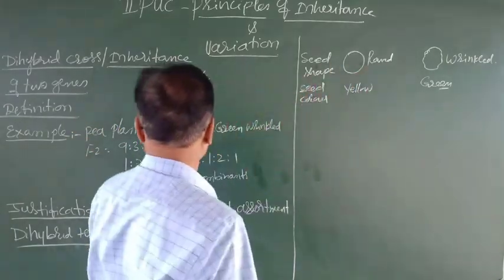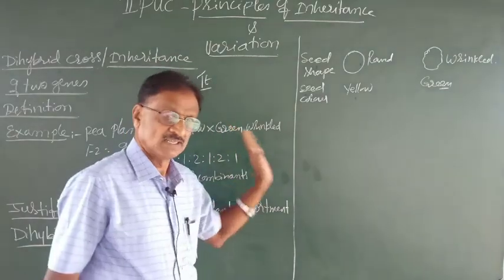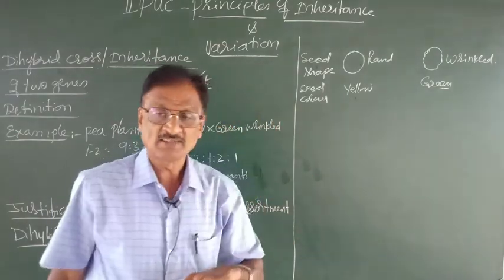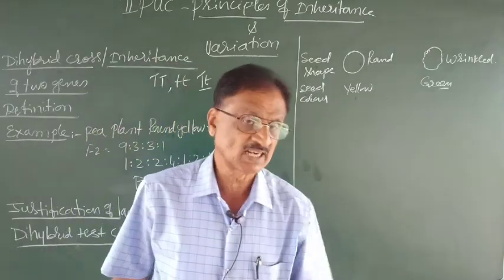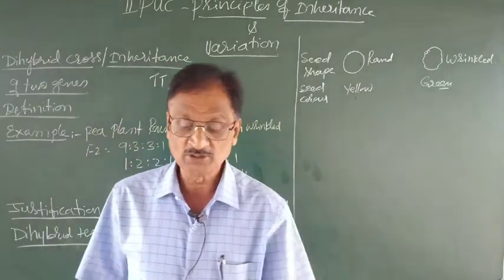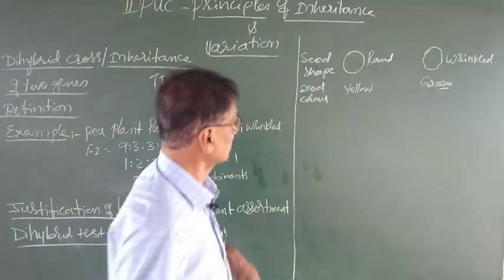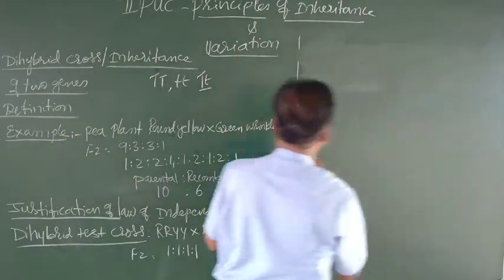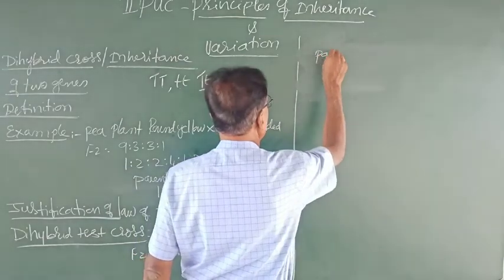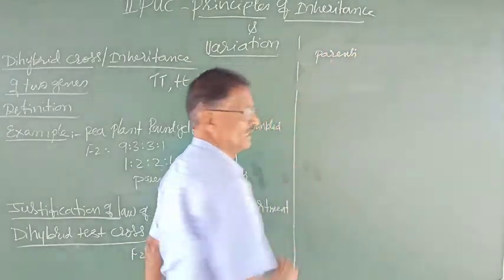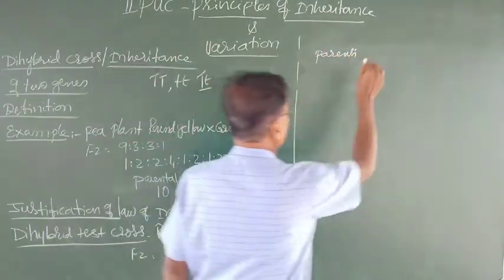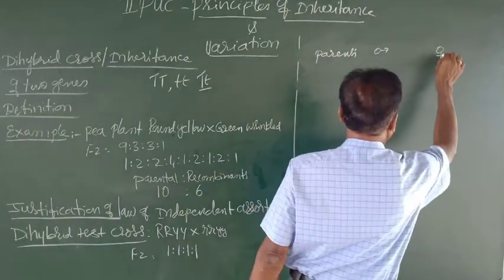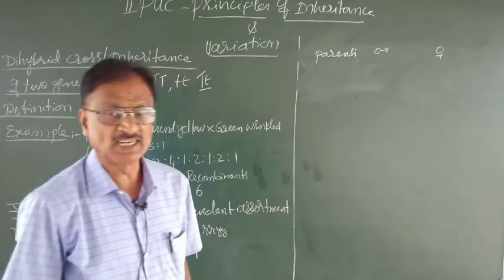Now let us know how the cross is made. As I said earlier in one of my previous classes, we have to follow certain genetic norms. First of all we have to write the parents. Here one stands for male and another for female, which are the Greek symbols.